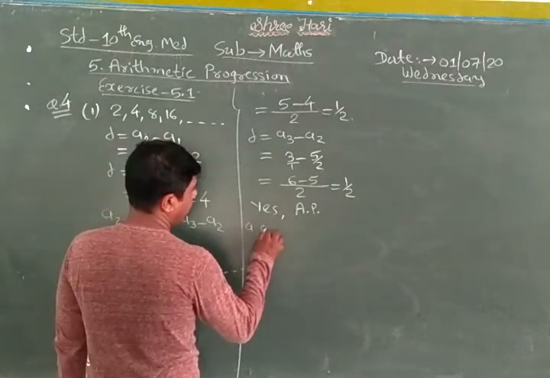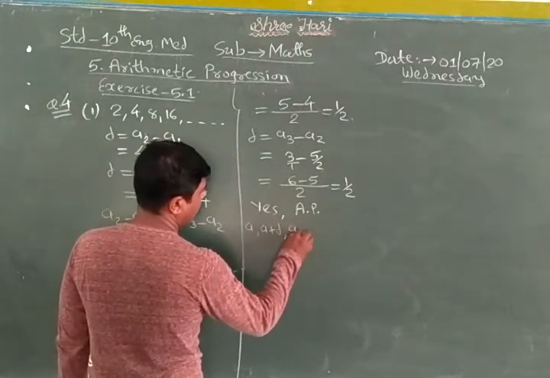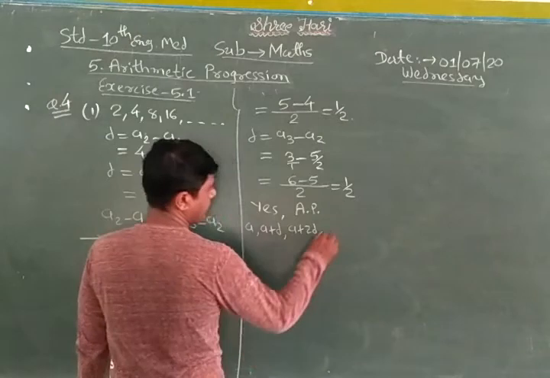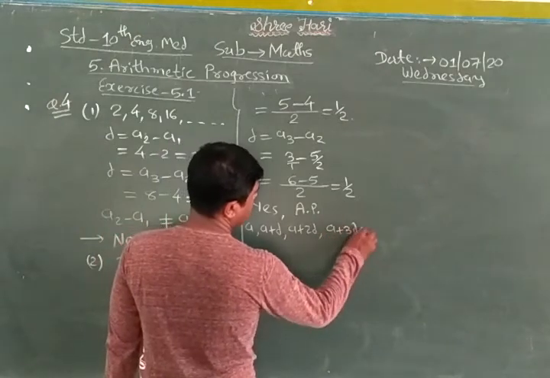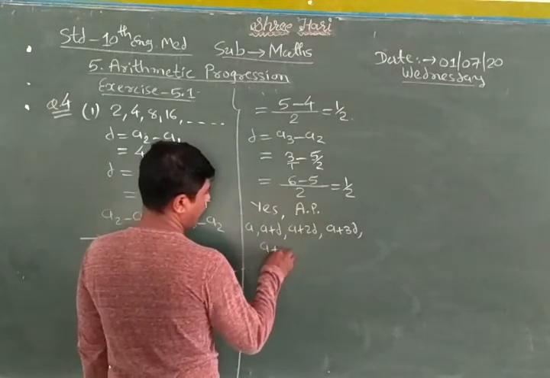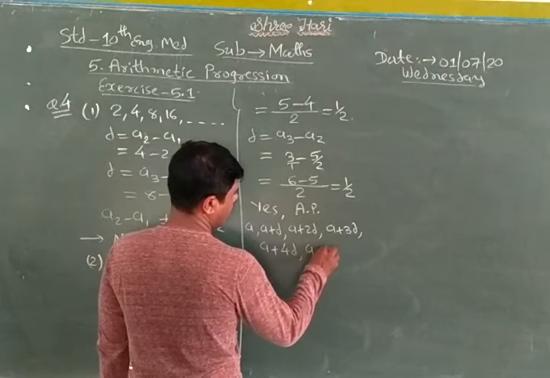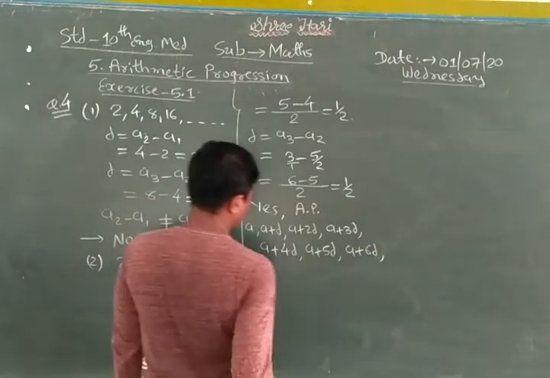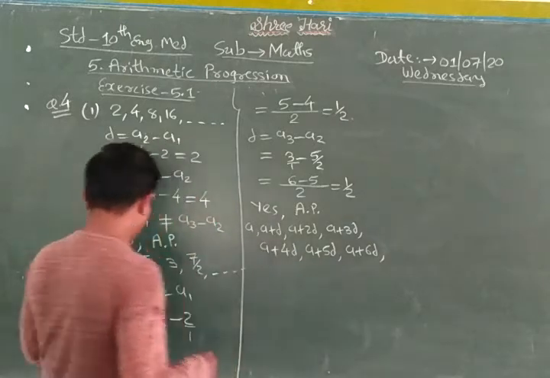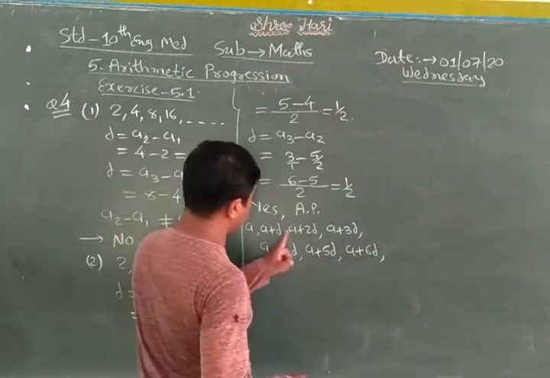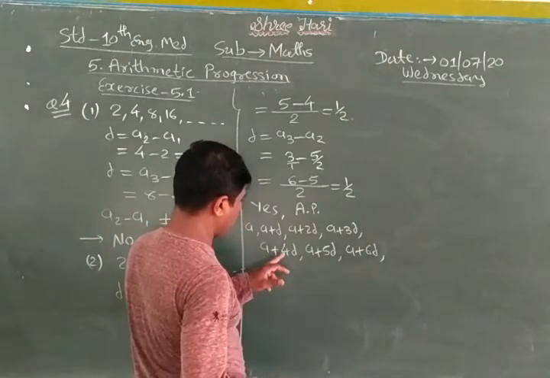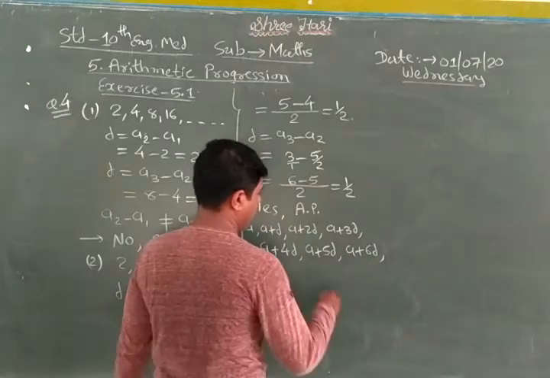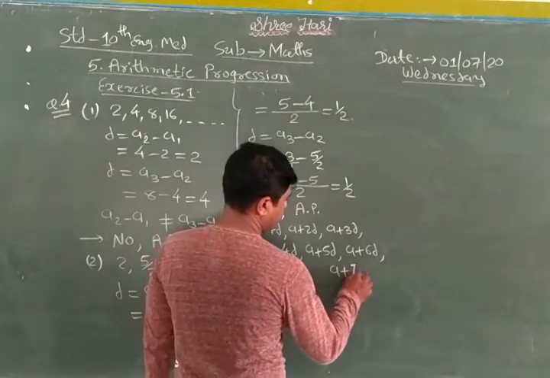How do we find the terms? Here A plus D, A plus 2D, A plus 3D, A plus 4D, A plus 5D, A plus 6D. Here count the terms: 1, 2, 3, 4 given. Again 1, 2, 3. So A plus 7D.